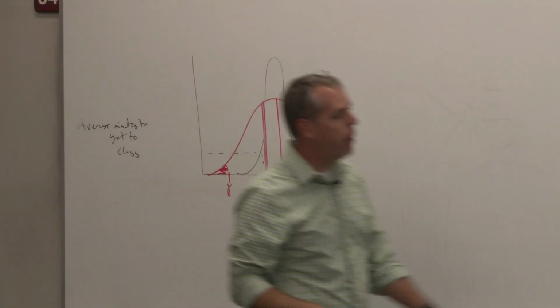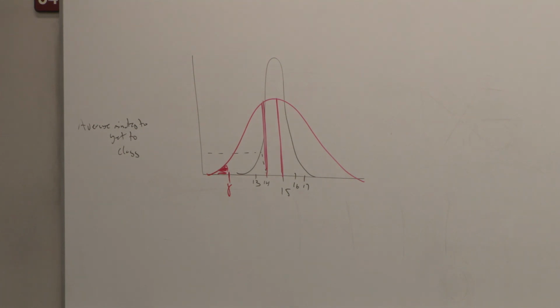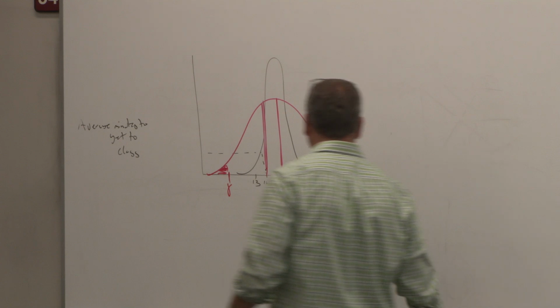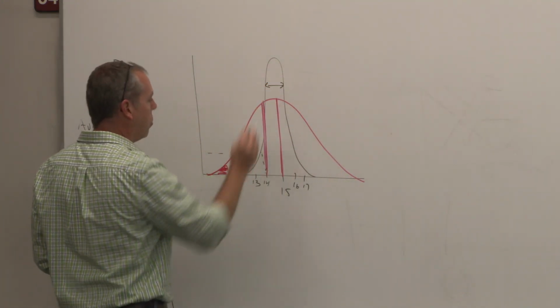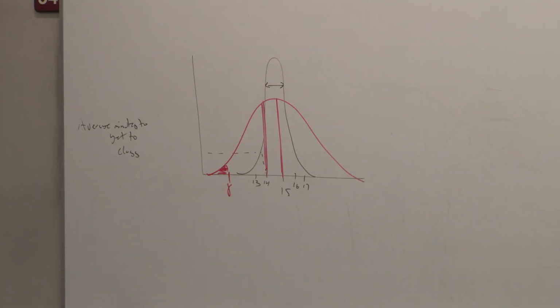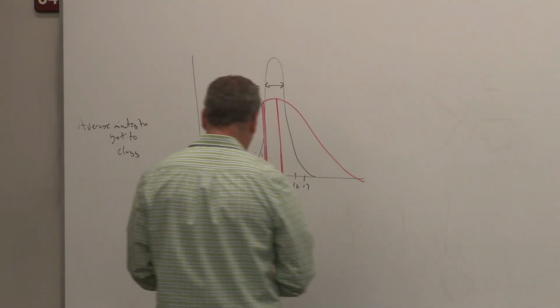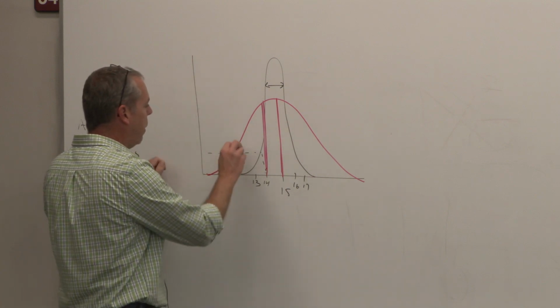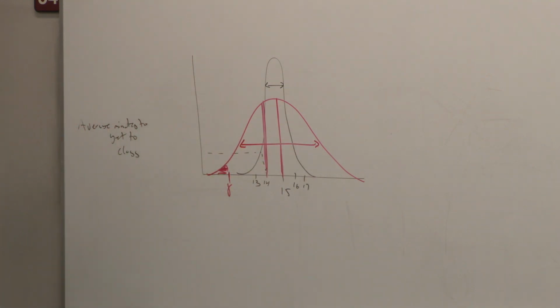And so in essence, what we're measuring is how much dispersion there is about the mean. If teams are really packed tightly, there's not a whole lot of variation. If there's a big variation, then there's going to be a whole lot more variance. This right here has very little variance, and therefore a very small standard deviation. This guy right here has a lot of variance, and therefore a high standard deviation.